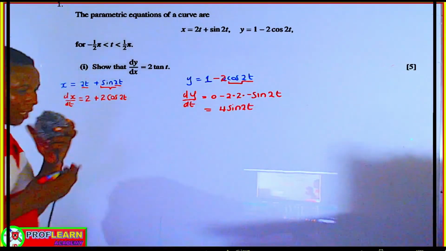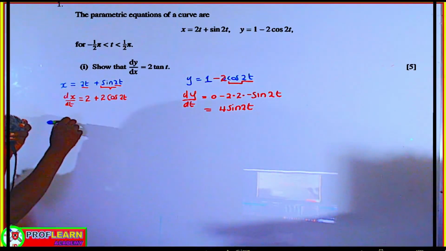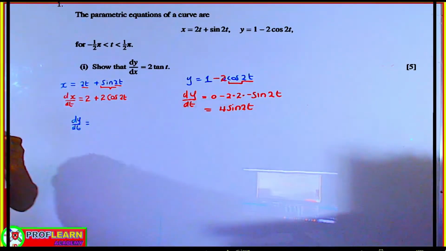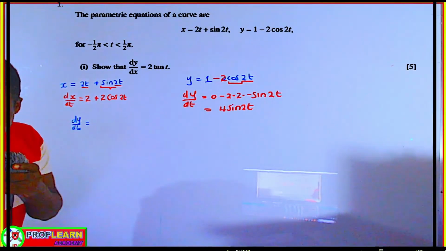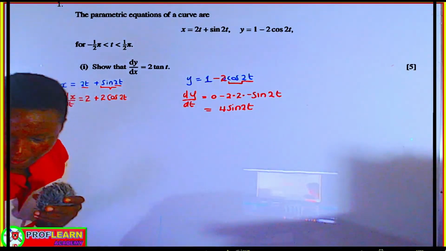Now once you have those functions with respect to t, we are going to find dy/dt. Let me just write it properly here.